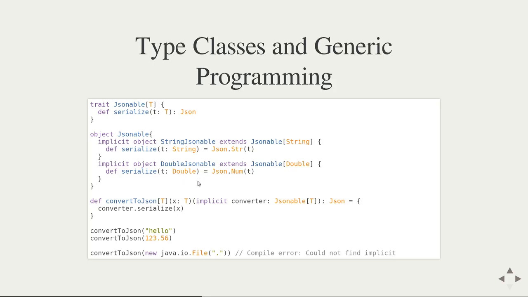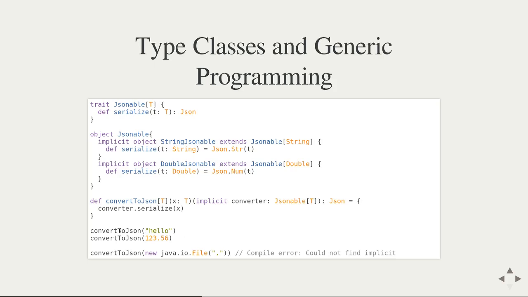But all I've really done is create a JSONable of type String, which knows how to convert strings to JSON, and a JSONable of type Double, which knows how to convert doubles to JSON. And then my function that'll actually convert my values to JSON takes an object of type T, an unbounded type parameter, but then it also takes an implicit JSONable converter that knows how to convert T to JSON.